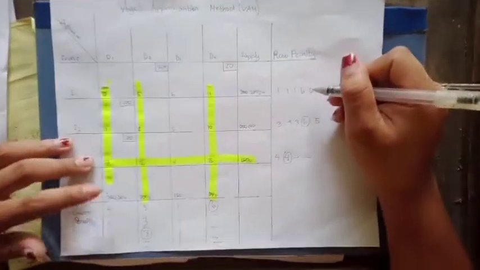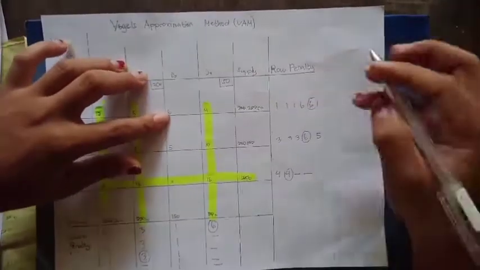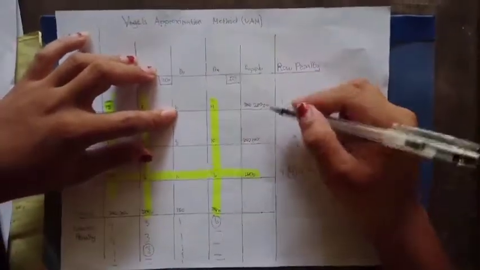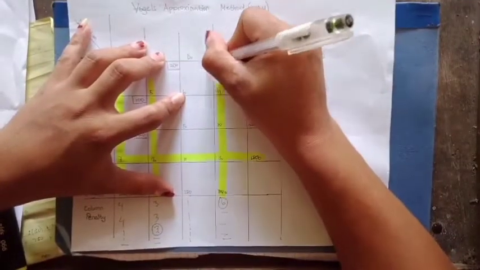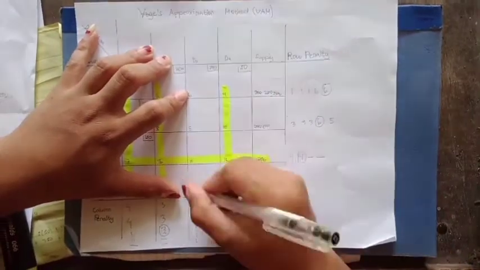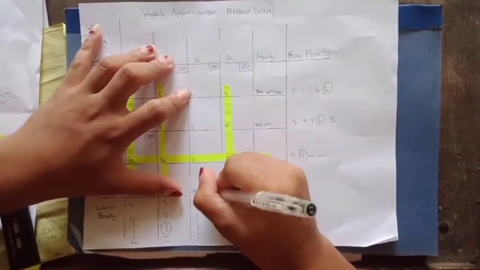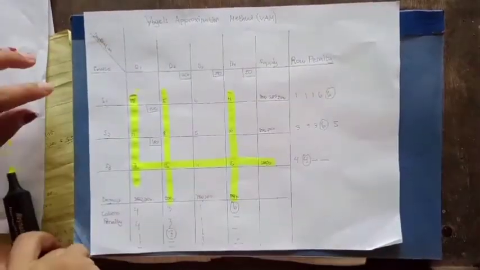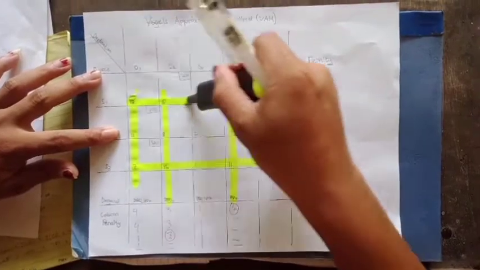So we need to find the biggest value, so we have 6. So here we have a supply of 50 and a demand of 150, so we need to allocate 50 here. Then it will become 0. Then it will become 100. So this cell is already cancelled.